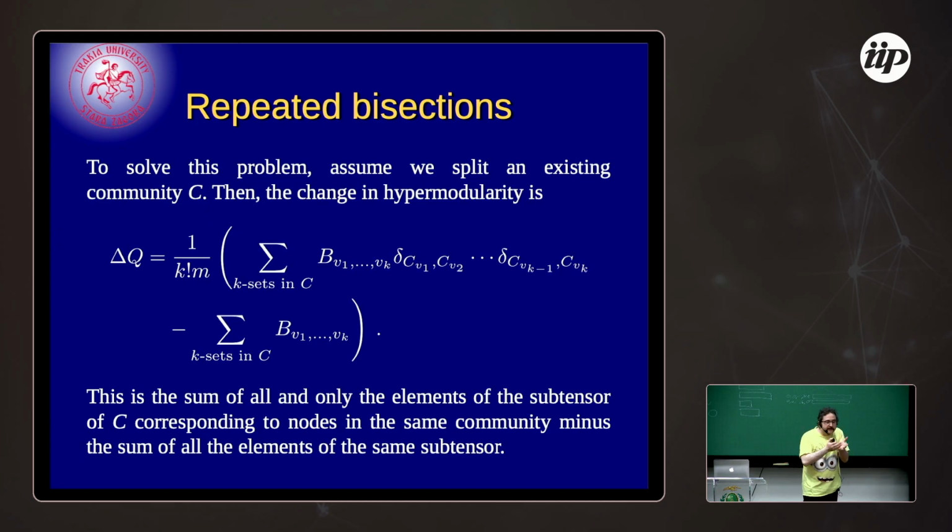So, literally brute forcing the equation, minus the sum of all the elements of the subtensor of this community here. Why so? Because we are taking this, change color, make it blue, and turn it into something else, right?